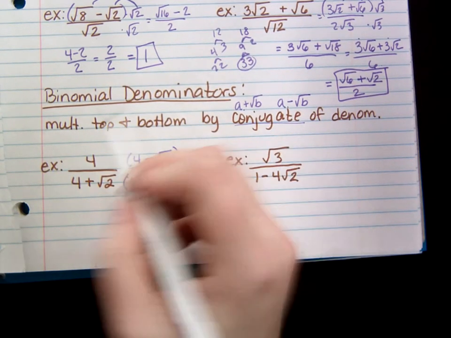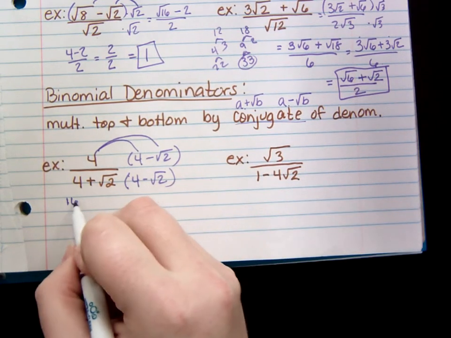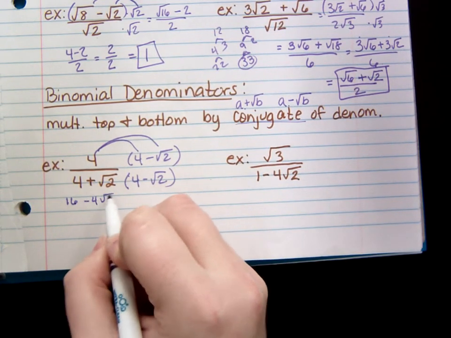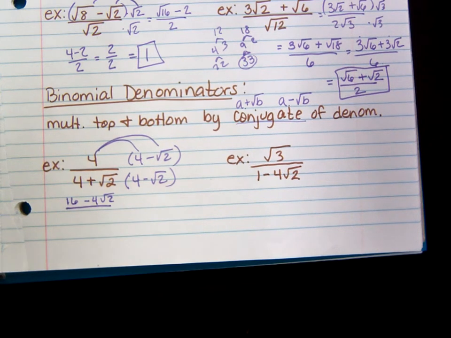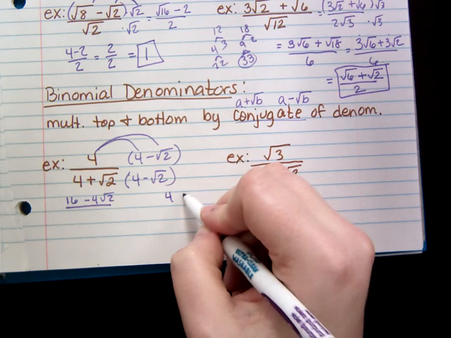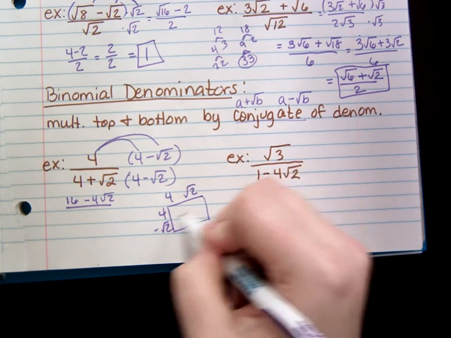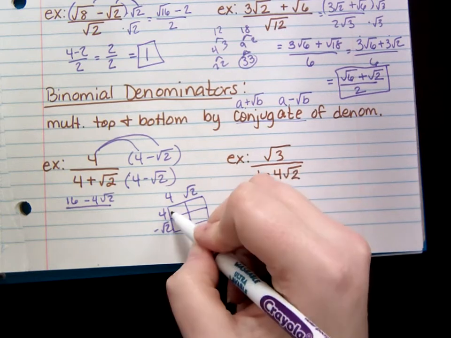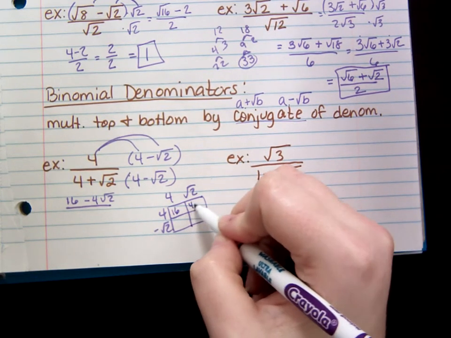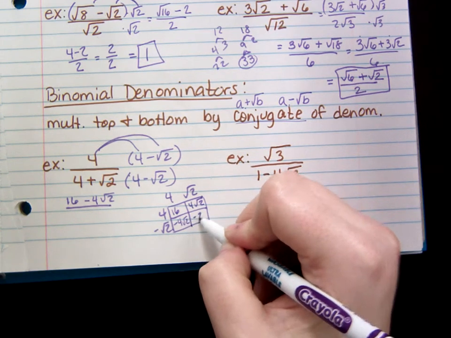Now on the top, I'm just distributing. So that gives me 16 minus 4 square root of 2. On the denominator, you're going to FOIL or use the box method. So if I multiply these, I'm going to get 16 plus 4 square root of 2 minus 4 square root of 2 minus 2.